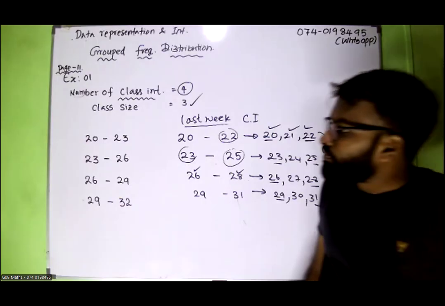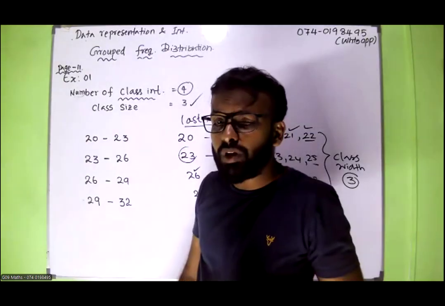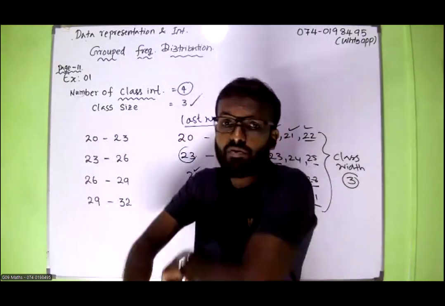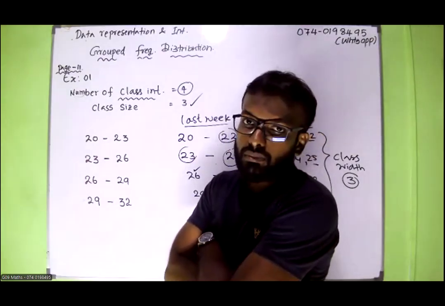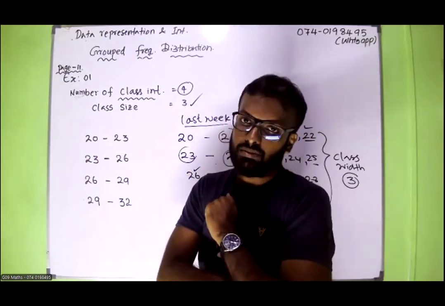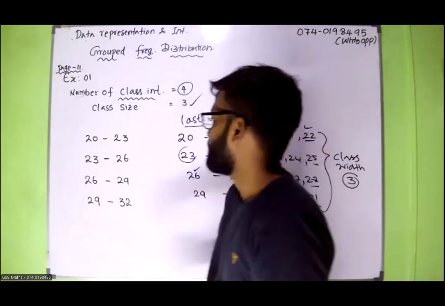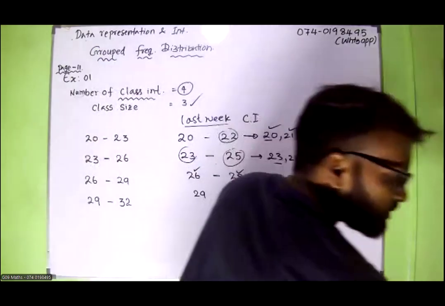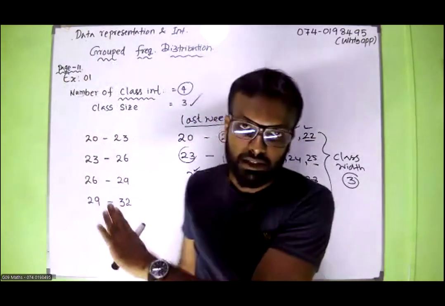So what are the 3 values that we need to take by looking at this? The 3 values that you are going to take is this. Keep your eye on the board. Now I am going to remove this. After discussing this, I will give you the break.